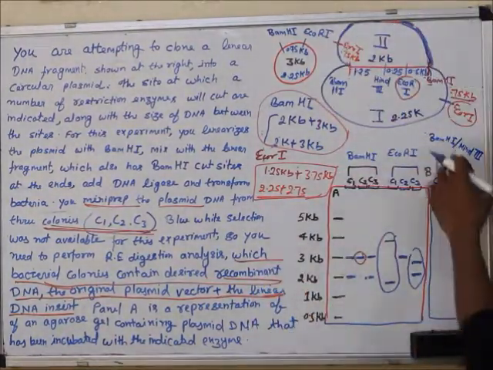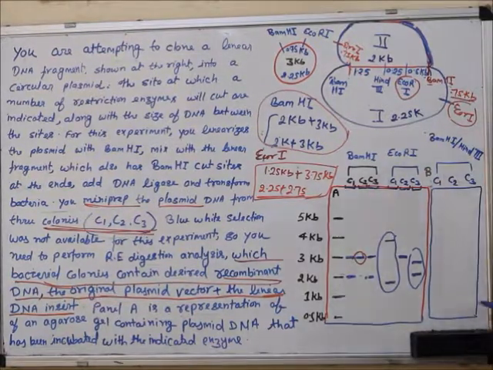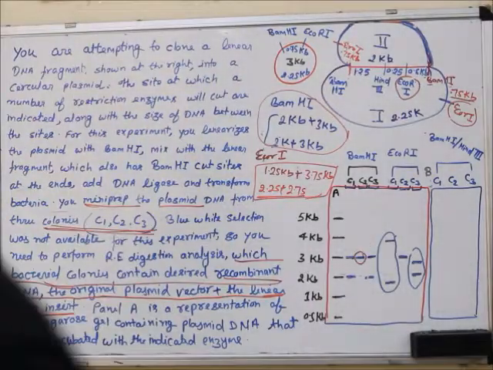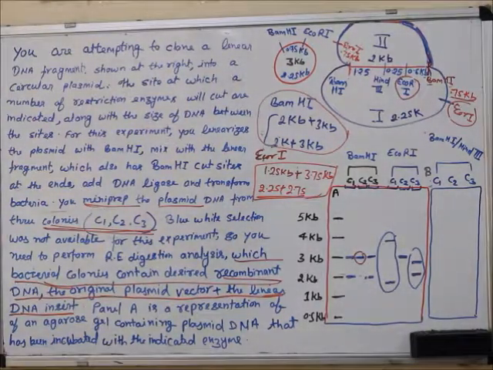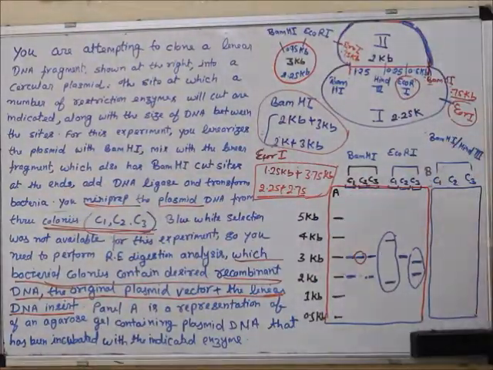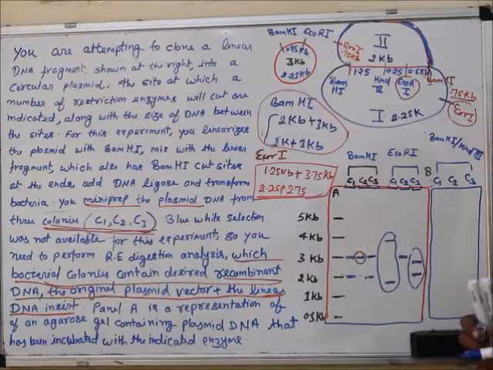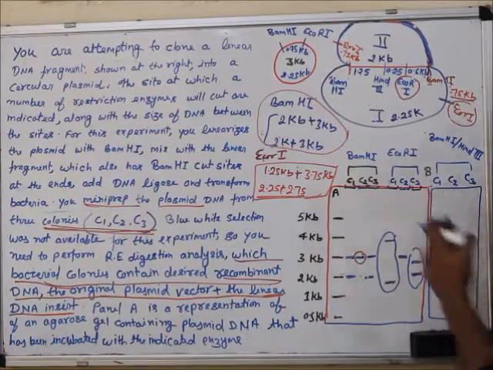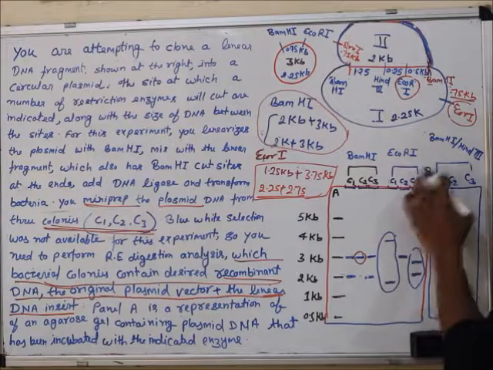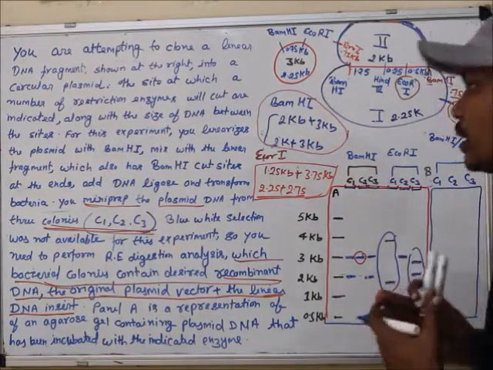Then the question is, if we digest with BamHI first and HindIII, what would be the results of DNA bands? This is maybe a big question on the basis of the experiment.